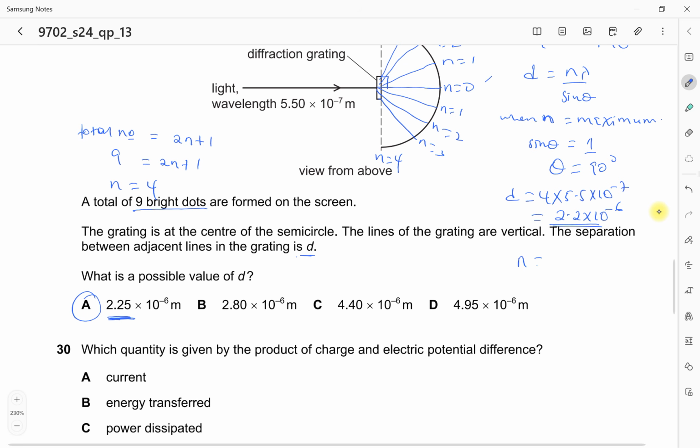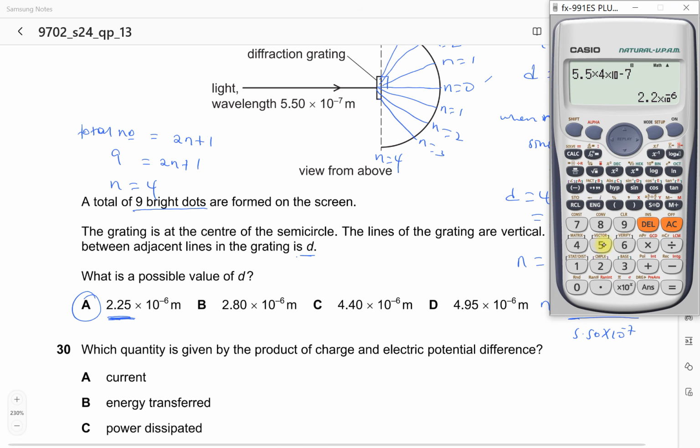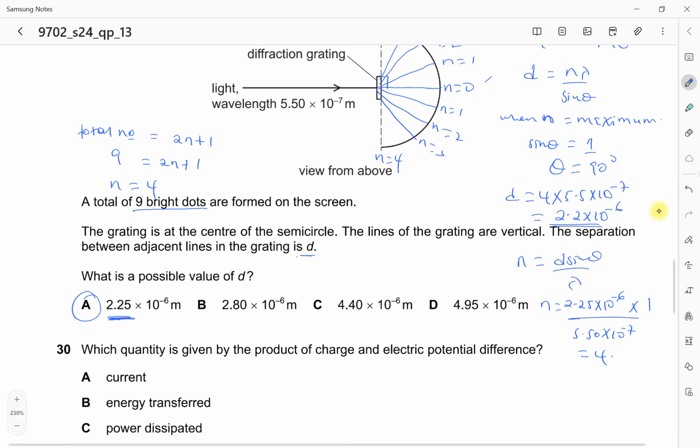So n equals d sine theta divided by lambda. n is going to be d, which we are taking as 2.25 times 10 to the power of minus 6, sine theta is going to be 1, divided by the wavelength, which is 5.50 times 10 to the power of minus 7. So that gives us 4.09, and n must be a whole number, so n is equal to 4, which gives us a total of 4 plus 4 plus 1. So the answer is A.